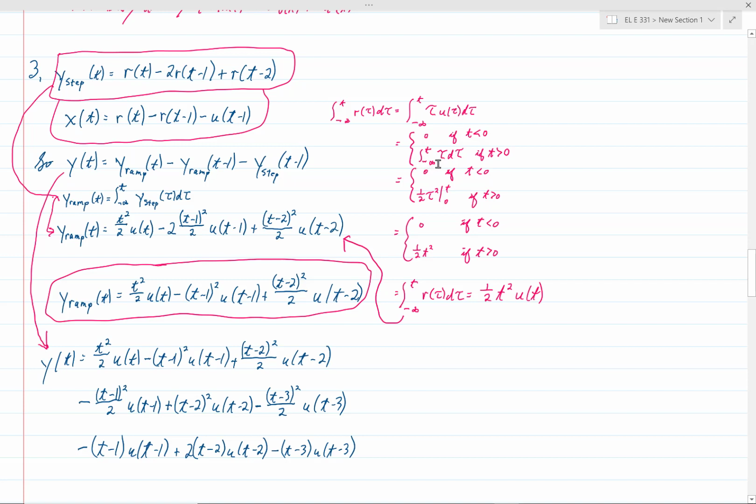So this lower limit can actually be 0 to t, and then as far as u of tau itself is concerned, as long as we have the lower limit equal to 0, that means we're only looking now at the positive range of tau, and in the positive range, u of tau is equal to 1, so we don't even have to explicitly write it down.